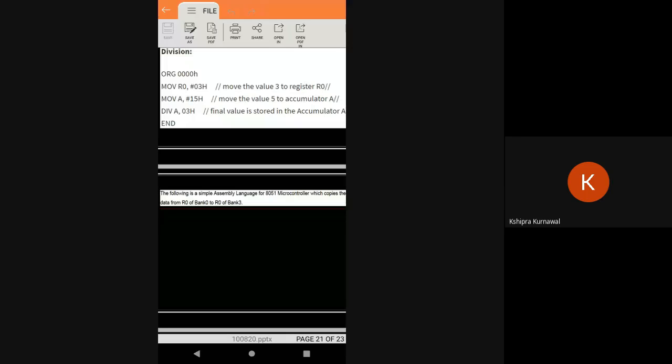Try to write it on your own. Search for it if you don't have it in your notebook. Go through the PPTs, go through the book, go through the internet. Definitely somewhere you will get the answer for this.